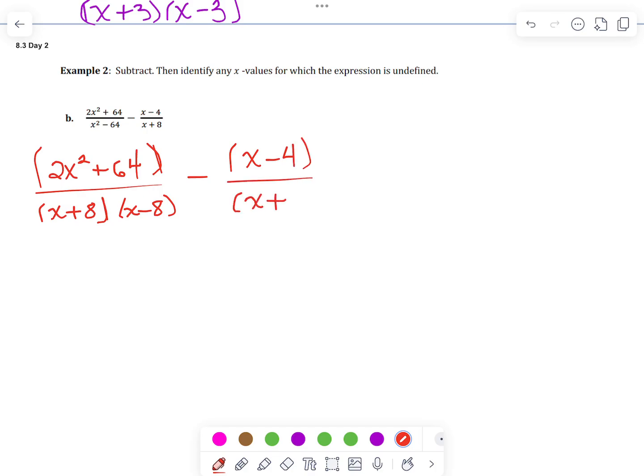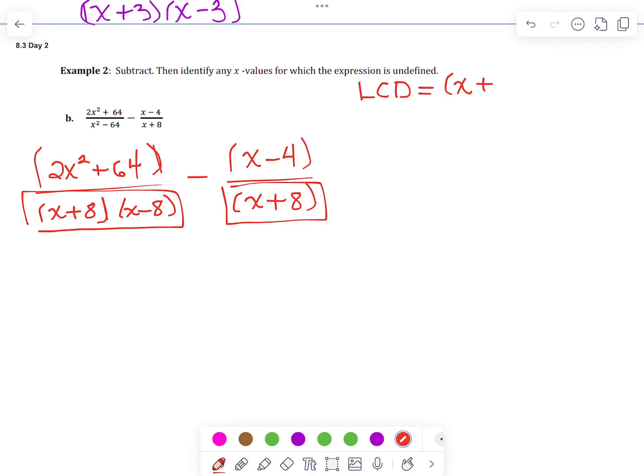And then the second fraction just stays as it is. So now we look for the LCD. So this first denominator has an x plus 8 and an x minus 8. The second one just has the x plus 8. So what we're missing from the LCD in the second fraction is that x minus 8. So we have an x plus 8 and an x minus 8 is the LCD.